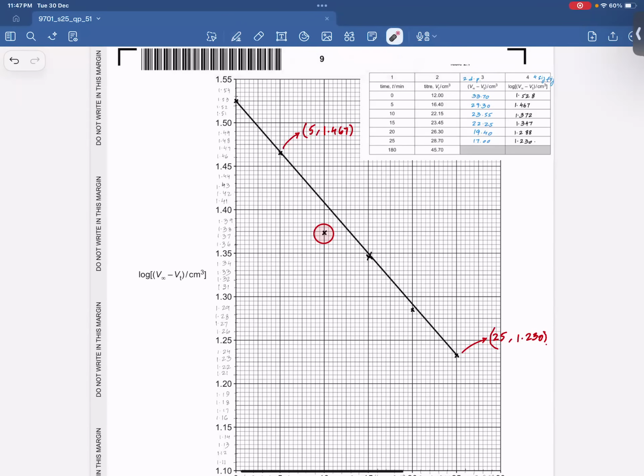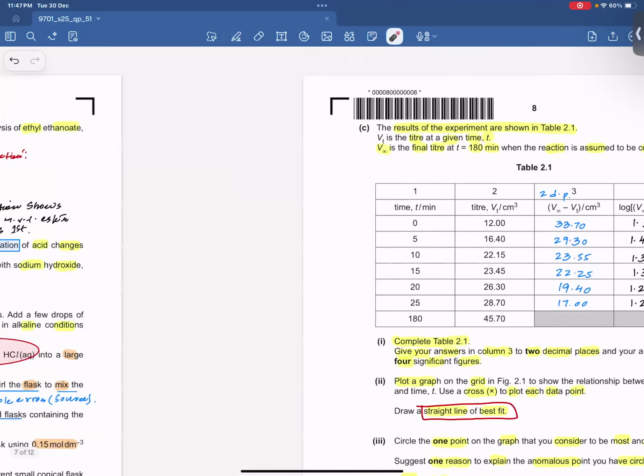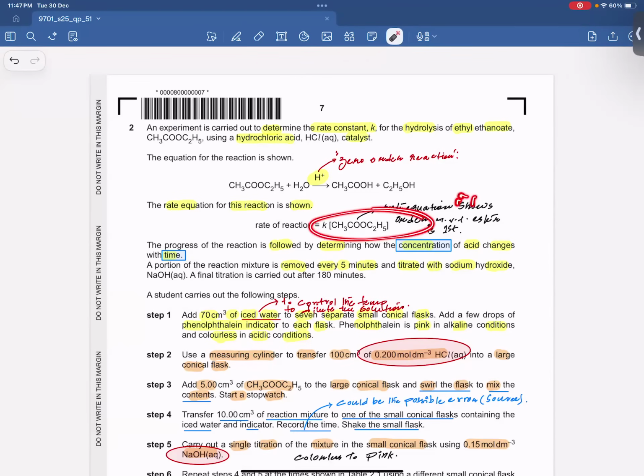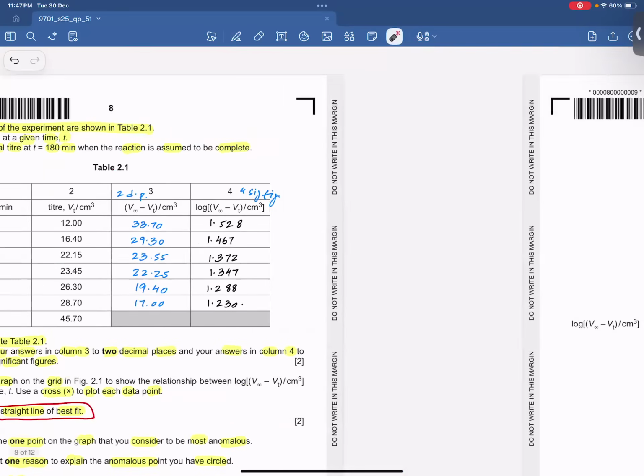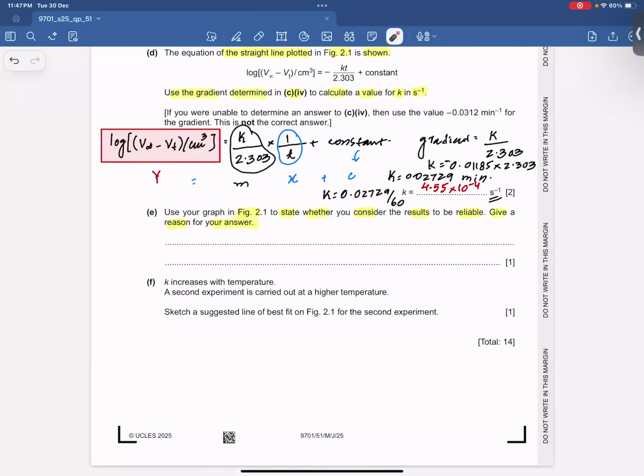Also, it's a straight line sketch, and that represents the first order reaction given in the rate equation. But it's a decreasing gradient. So if concentration decreases, rate of reaction also decreases. So that's a straight line graph.